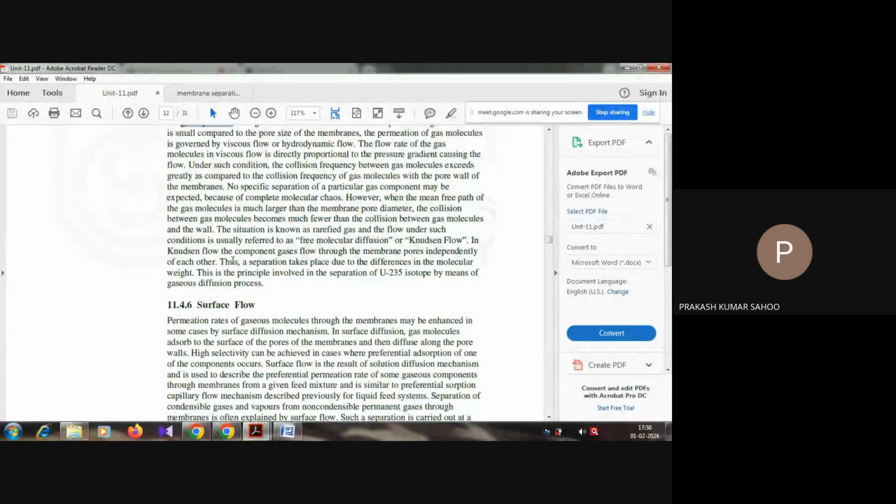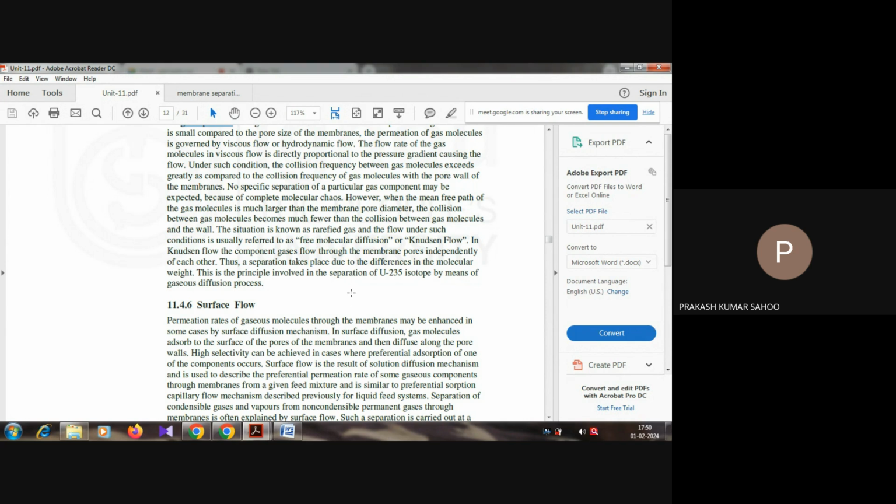In Knudsen flow, the component gases flow through the membrane pores independently of each other. That means the gases are separated one by one. The separation takes place due to the difference in their molecular weight. The governing factor is the molecular weight of the gas to be separated.